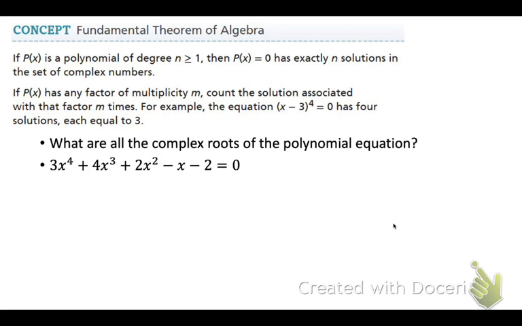So whatever the degree is, the n, that is exactly how many solutions it has, in what numbers? Complex numbers. Okay, so if I have a degree of 8, how many zeros do I have? 8. Did I say they were all real? Nope, but there are what? 8.